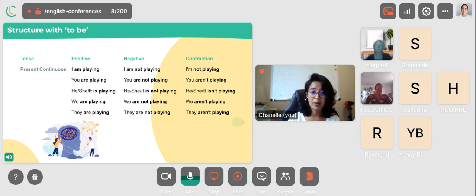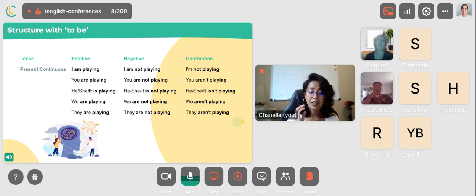If we go into the present continuous, I am playing, I am not playing, I'm not playing. You are playing, you are not playing, you aren't playing. He, she, it is playing, he, she, it is not playing, he, she, it isn't playing.